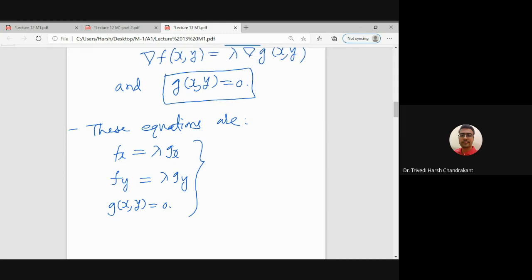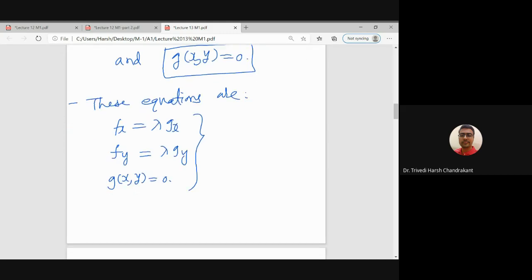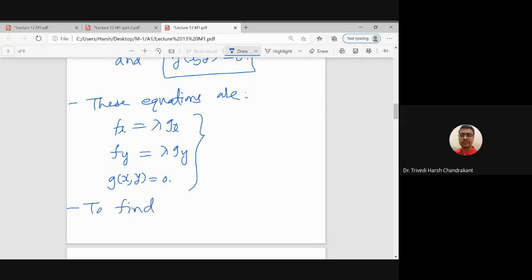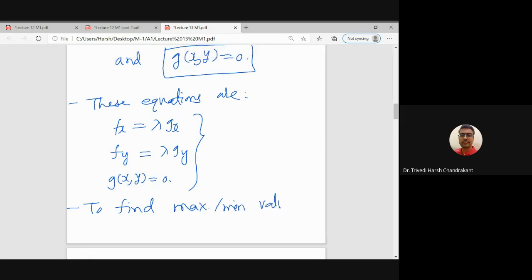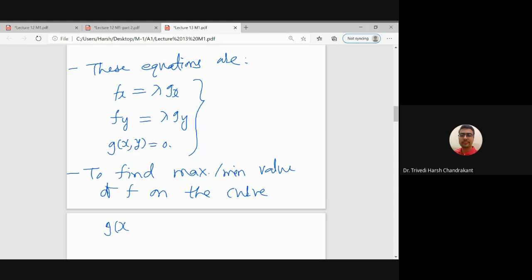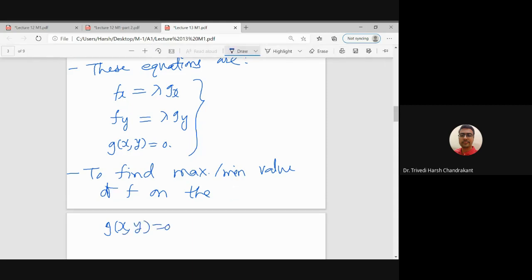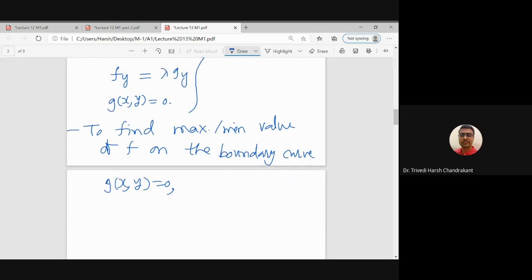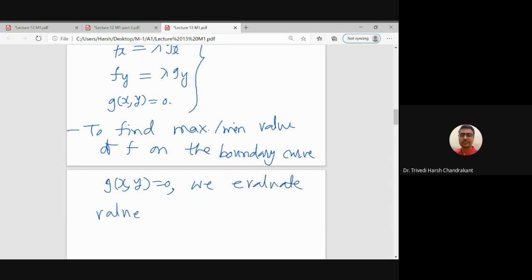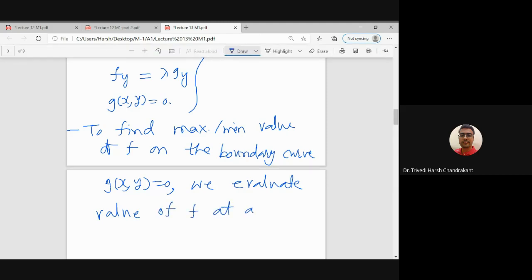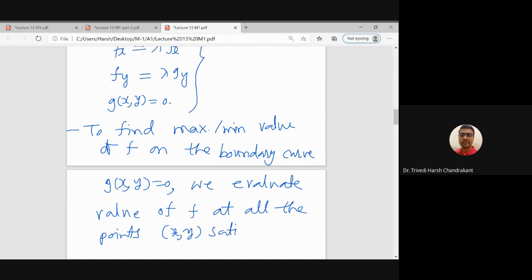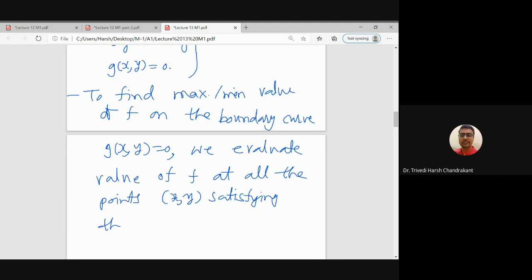So we solve all these equations and find the values of x and y, and finally, to find the maximum or minimum value of f on the curve g of xy equals 0, on the boundary curve, what we do is we evaluate the value of f at all the points xy satisfying these three equations.